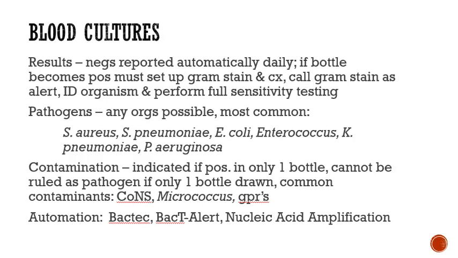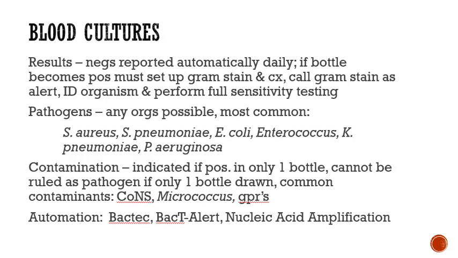Contamination in a bottle would be indicated if only one bottle of a set becomes positive. So if you have one bottle out of a total of 4 that were drawn, the likelihood of that organism being a contaminant is pretty high. However, even if it's an organism that would normally be considered normal flora or a skin contaminant, if it's recovered in all 4 bottles, then that patient might be immunocompromised.